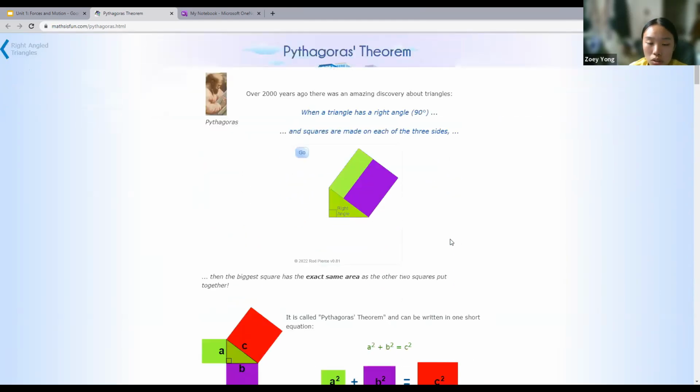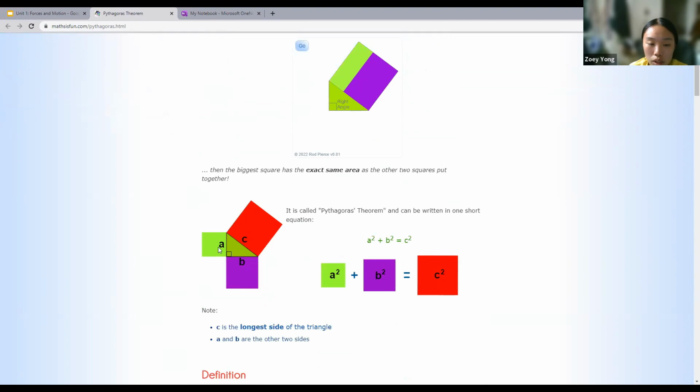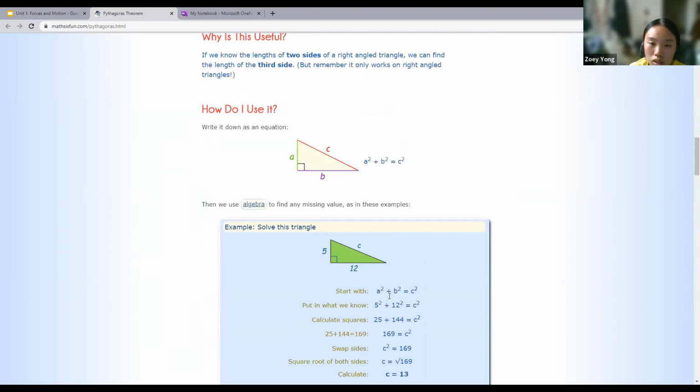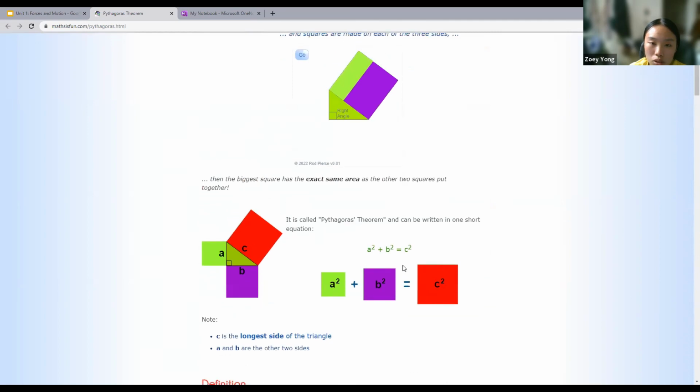And so what we said earlier was the area of this green square, plus the area of this blue square right here, equals the area of this big red square. So from this, we have an equation, which is A squared plus B squared equals C squared. So that's going to come in handy, but that equation can be rearranged as C squared equals A squared plus B squared, right?